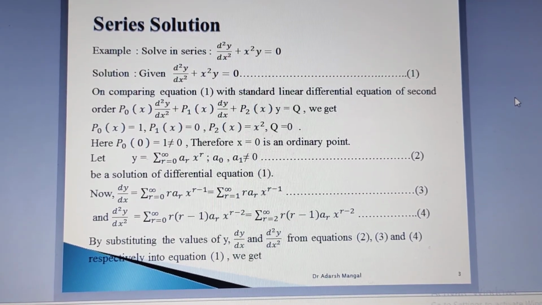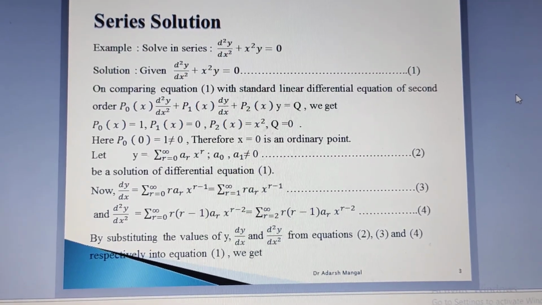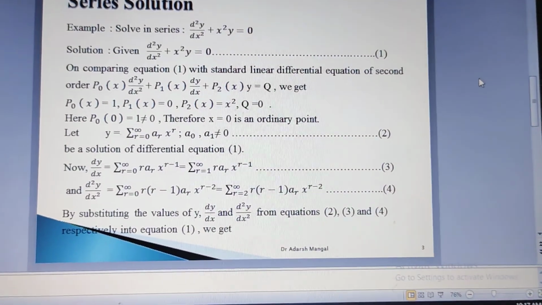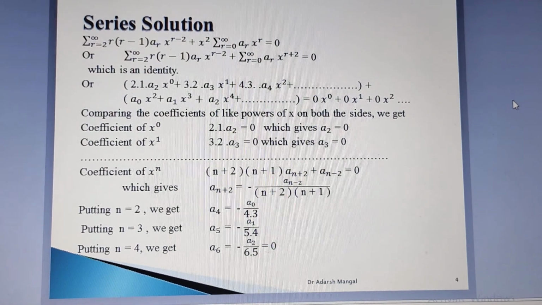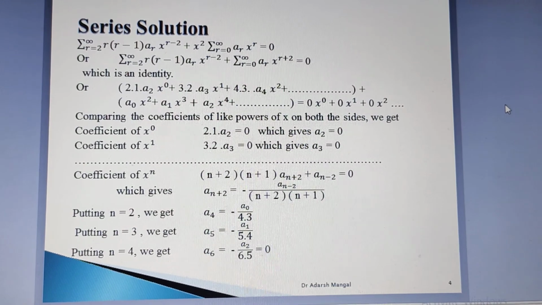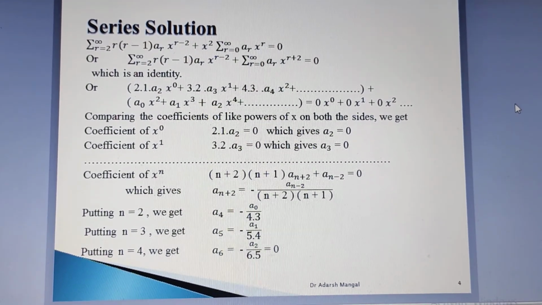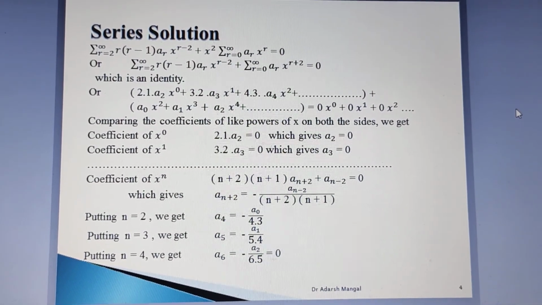By substituting these values of y, y1 and y2 from equations 2, 3 and 4 into equation 1, the given equation, we have an expression which reduces to an identity. Now, expanding the summation convention, in the first summation we have to start with 2.